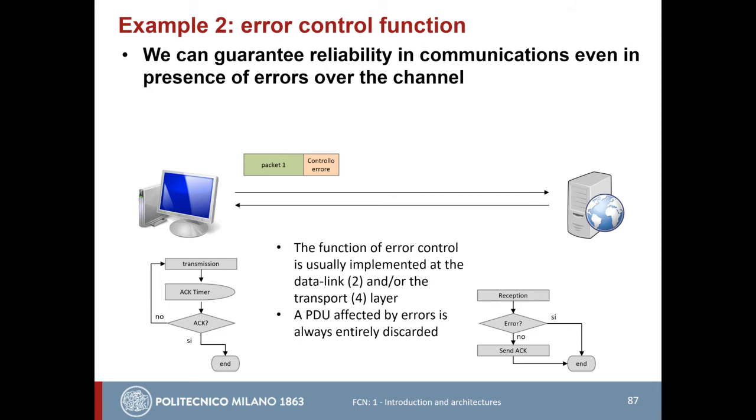Usually this is possible because when the sender sends the packet, it introduces redundant information. So extra bits that are not useful to carry the original packet content, but they are added so that in reception, the receiver can check if some error has occurred.